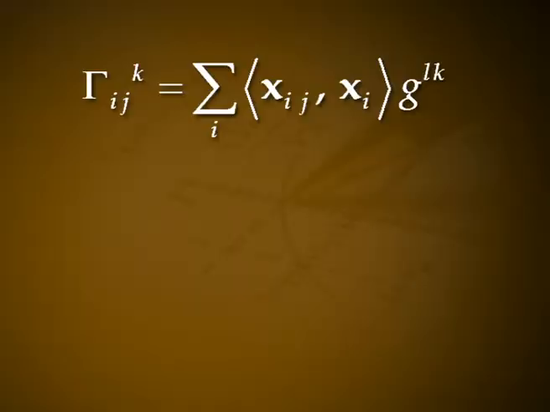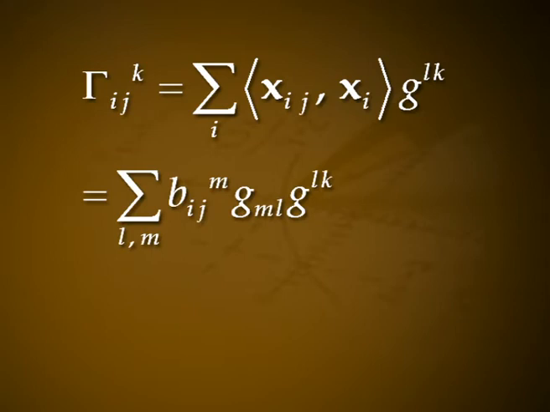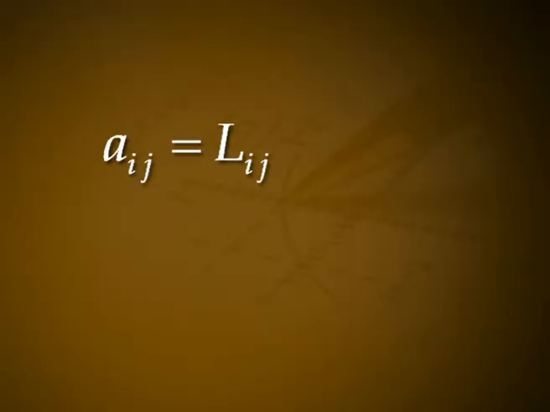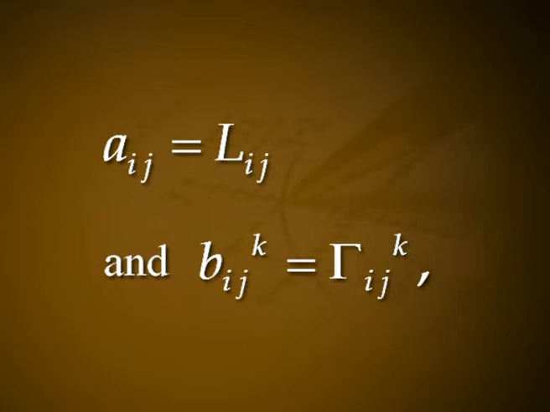If we sum this equation over l, we obtain Γ_ij^k = Σ over l of ⟨x_ij, x_l⟩ g^{lk} = Σ over lm of b_ij^m g_ml g^{lk} = Σ over m of b_ij^m δ_m^k = b_ij^k. Thus, a_ij = L_ij and b_ij^k = Γ_ij^k, and this completes the proof of Gauss's formula.